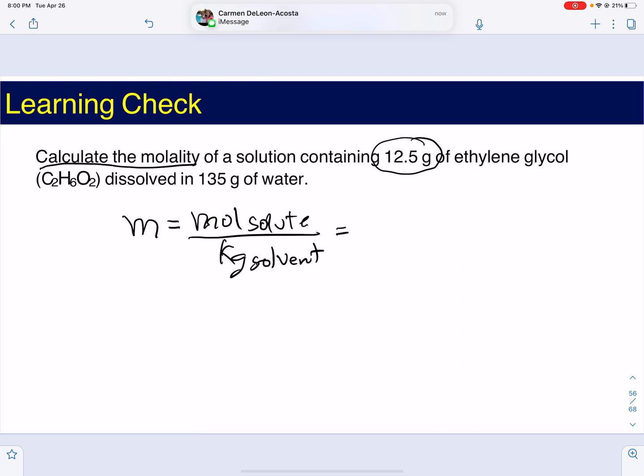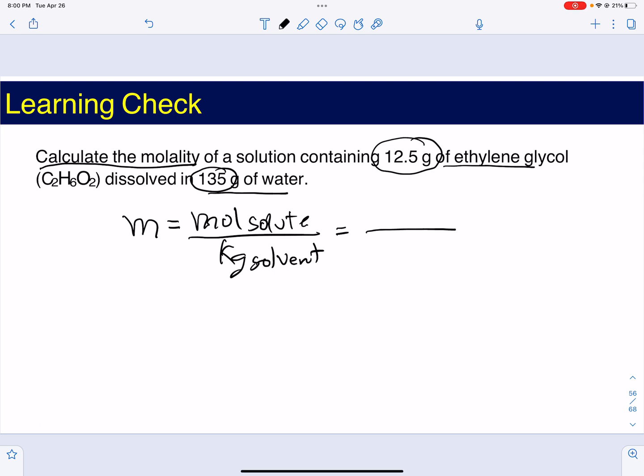We have 12.5 grams of ethylene glycol and 130 grams of water. The water has to be the solvent because it's the one in the biggest quantity. So we have grams, but we don't want grams, we want kilograms. So 0.135 kilograms. And you already know how to change from grams to kilograms.